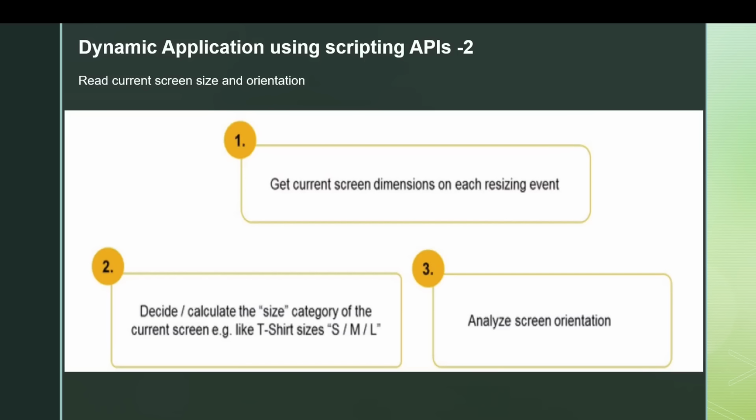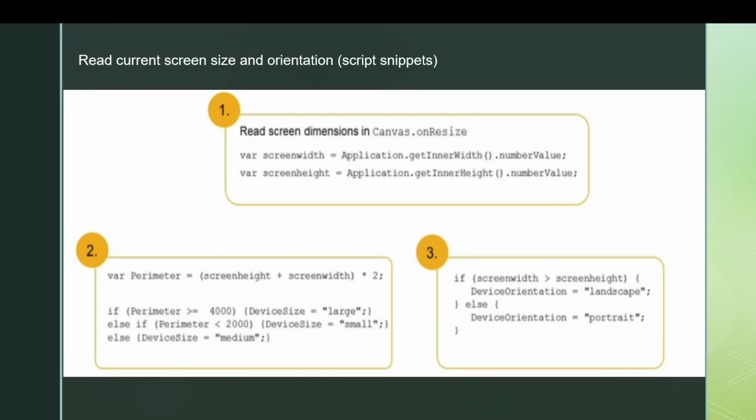For finding the size category of the current screen, we can use the if-then-else control structure. After finding the screen height and screen width, we find the parameter and compare it with the standard values.